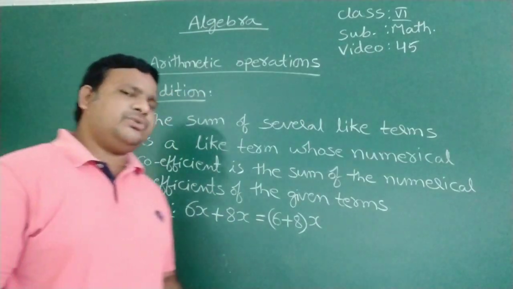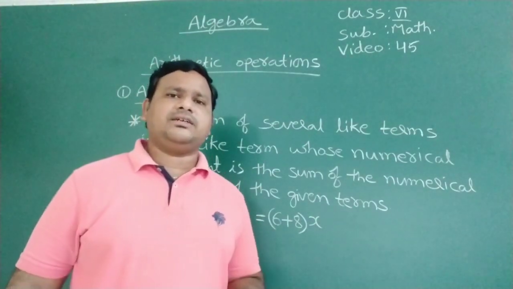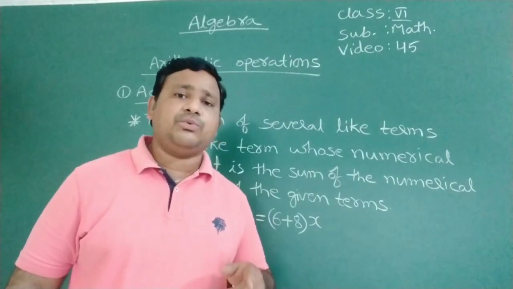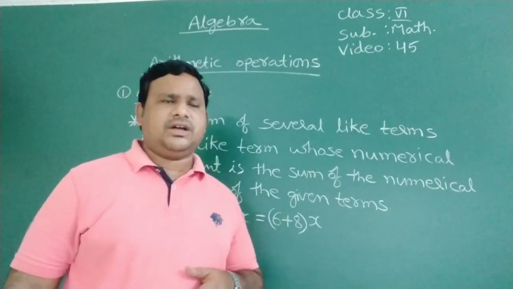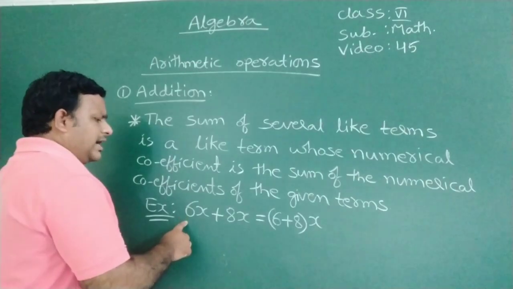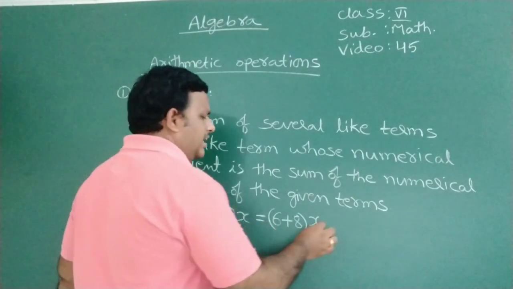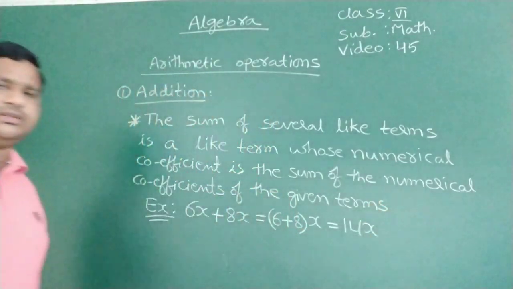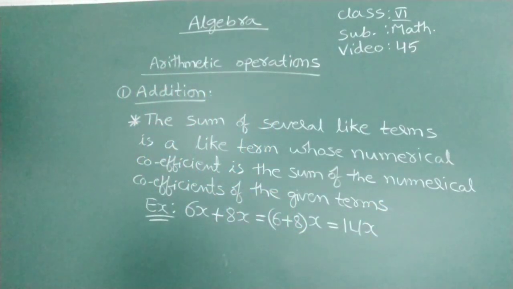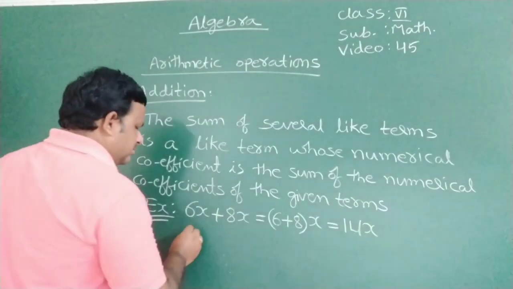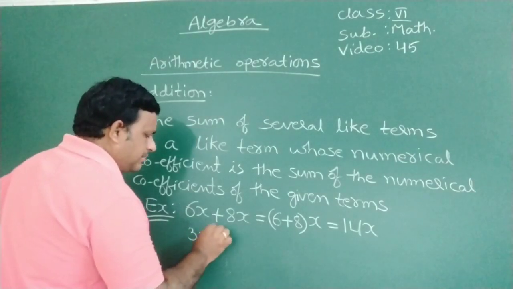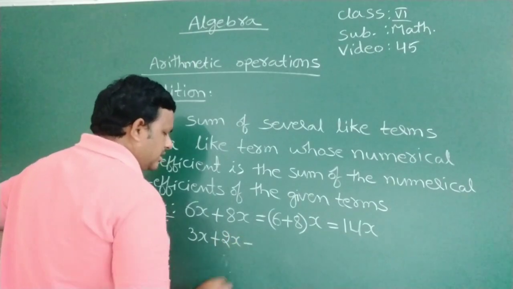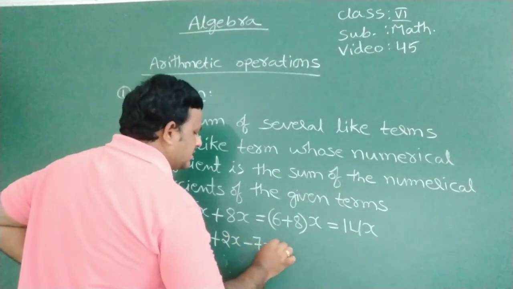Understood? To add two like terms, we should add their numerical coefficients. So 6 and 8 we have to add, then we will get 14. 14x will be the answer for that.